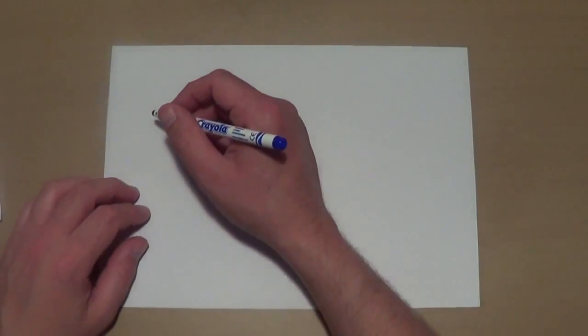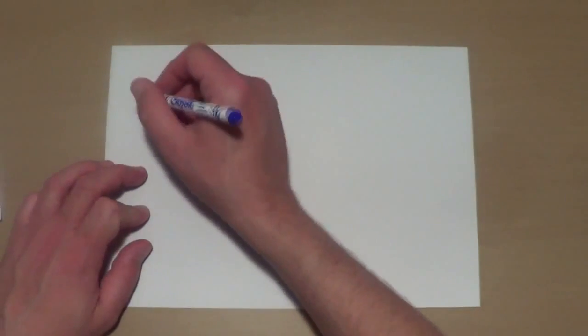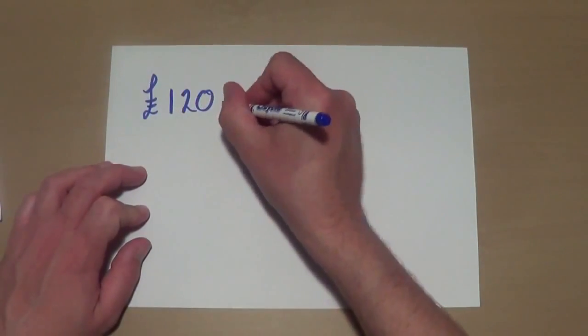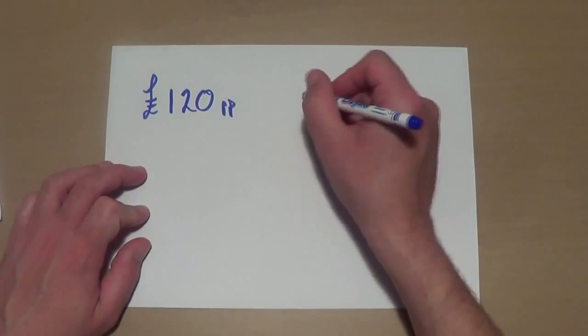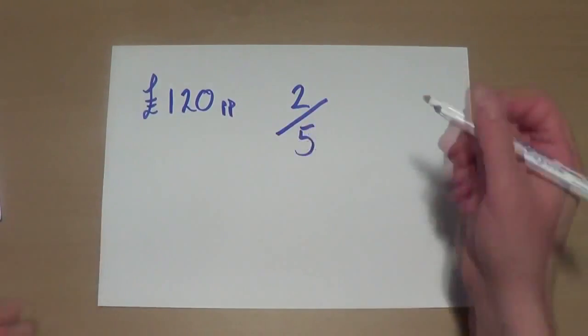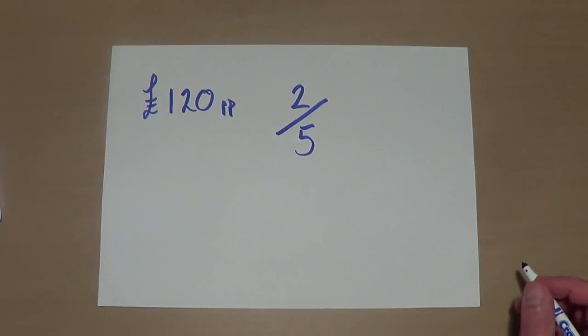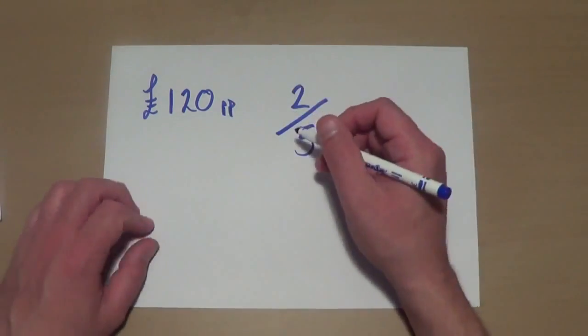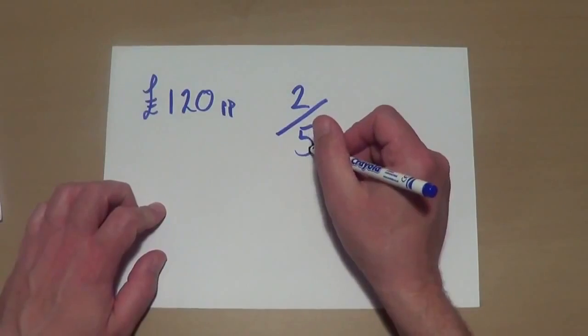A school trip was planned at a total cost of £120 per pupil. The accommodation costs 2/5 of the total. What was the cost of the accommodation per pupil? Right, okay. So what we've got to do on this one is cancel out this fraction. First of all, you'll start with the base figure here, which is 5.